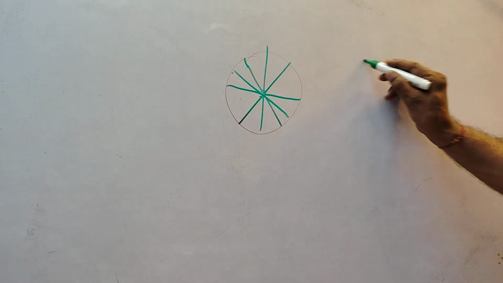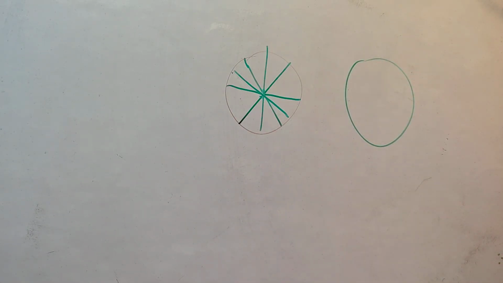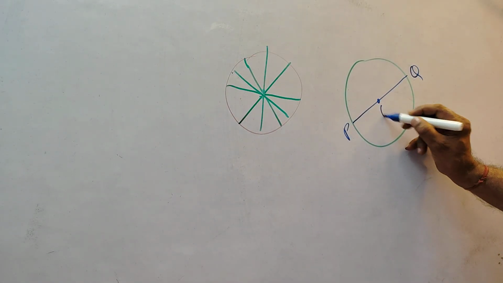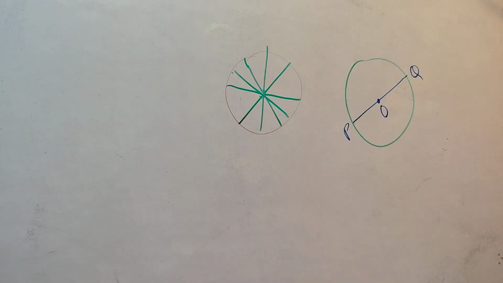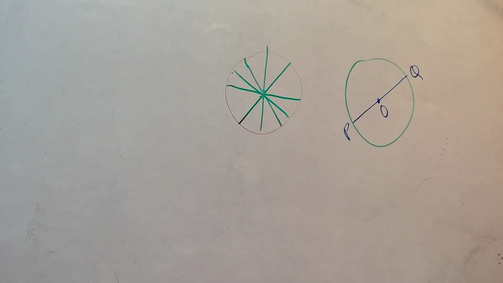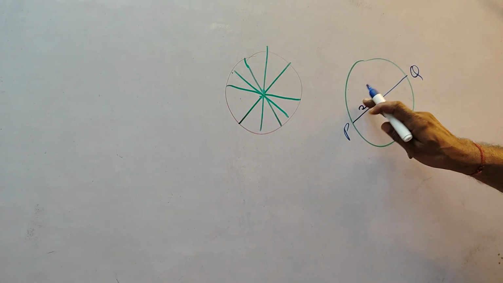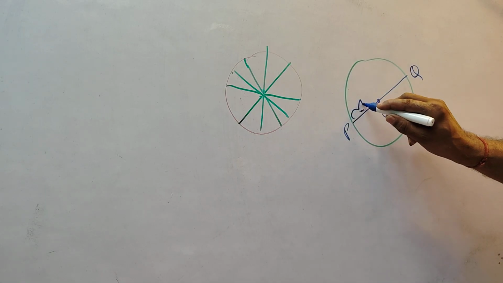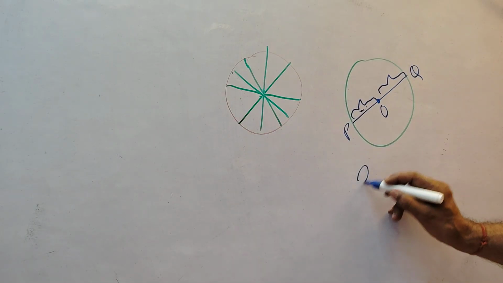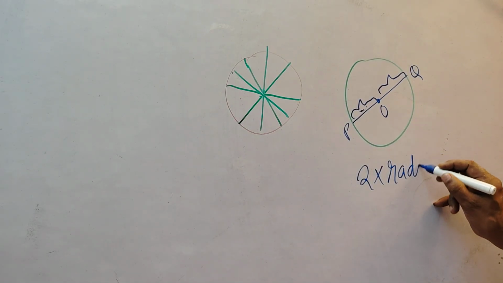Now this is the diameter, and we name it PQ, and it has center at O. So how many radii does this single diameter form in the circle? Only two radii. This one is a radius, and this one is a radius. So two radii make one diameter.